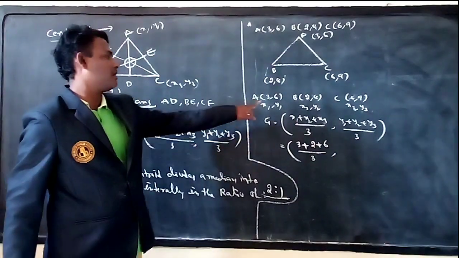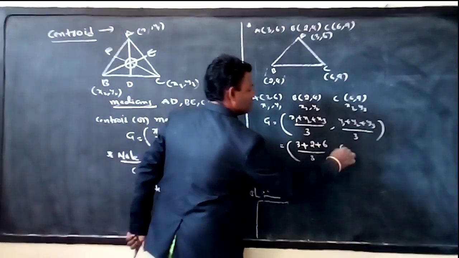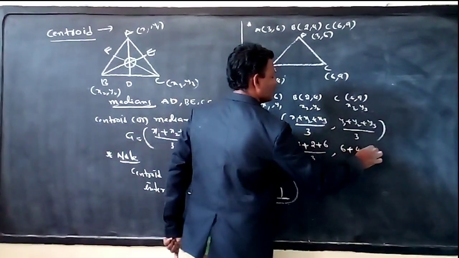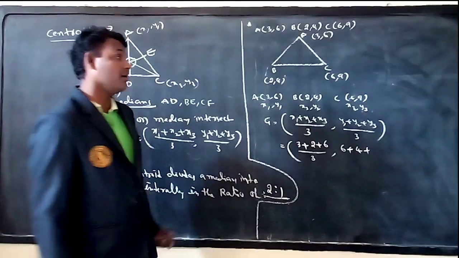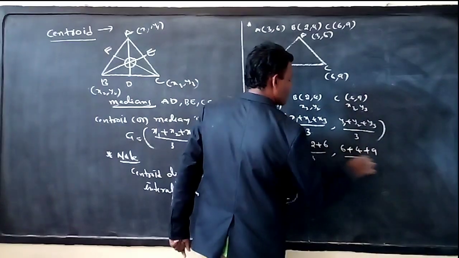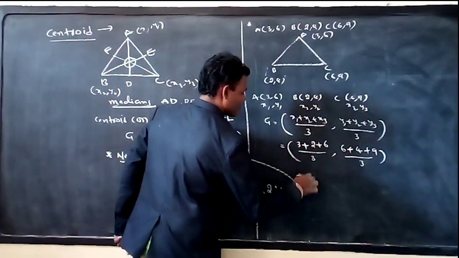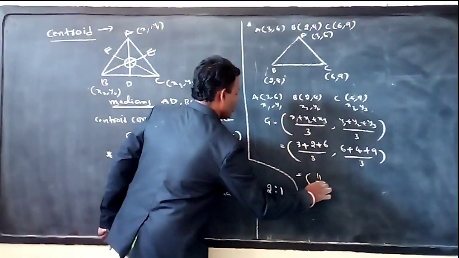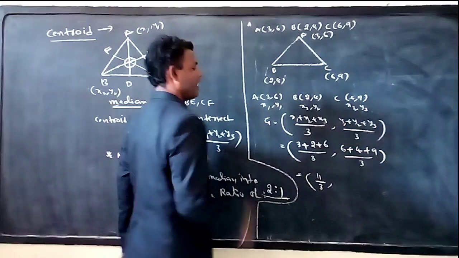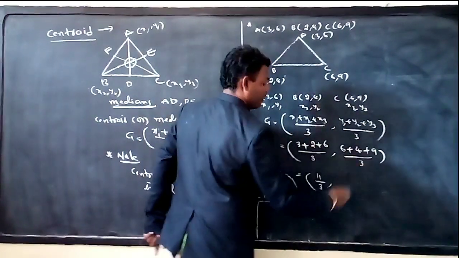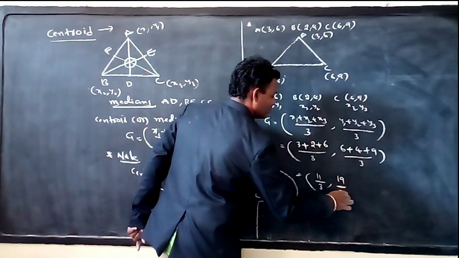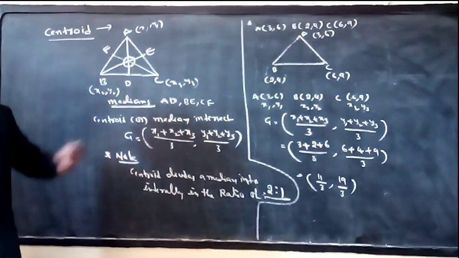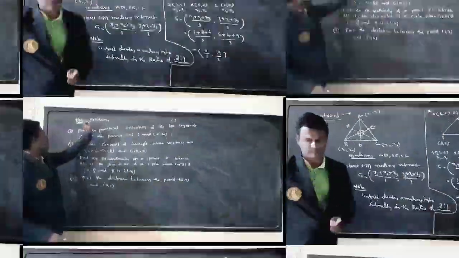Similarly y1 6 plus y2 4 plus y3 9, by 3. 3 plus 2 is 5, 5 plus 6 is 11, so 11 by 3. 6 plus 4 is 10, 10 plus 9 is 19, so 19 by 3. So the required centroid coordinates are 11 by 3 and 19 by 3.